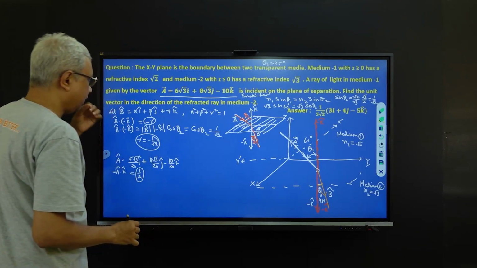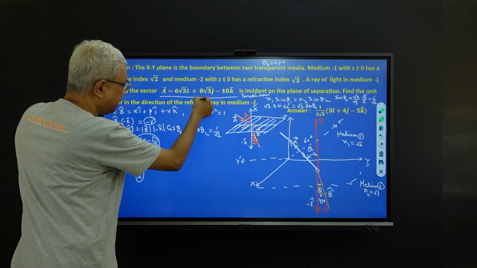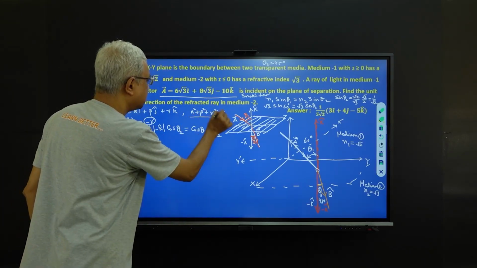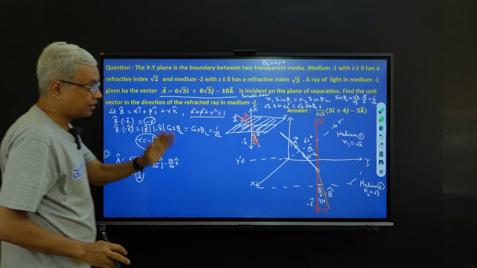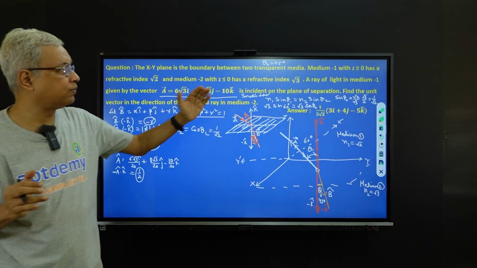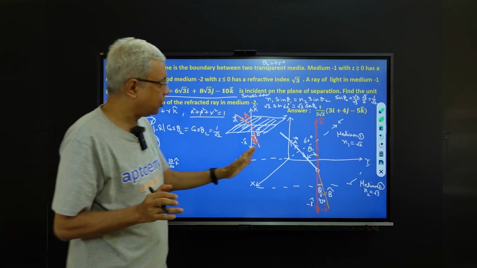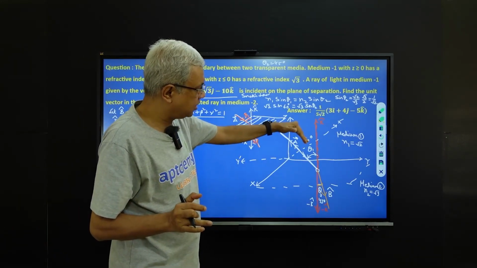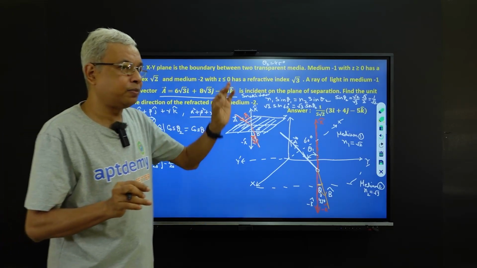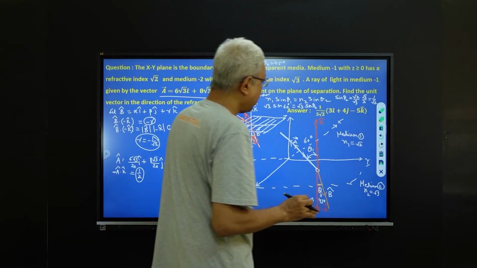Now alpha square plus beta square plus gamma square equal to unity, that we know, because b cap is a unit vector. Now there is a very important part of Snell's law, that the incident ray, refracted ray and the normal at the point of incidence lie in the same plane.